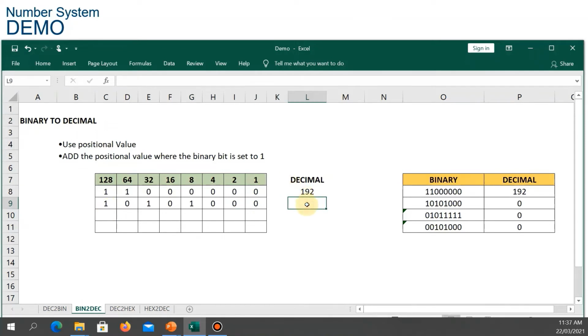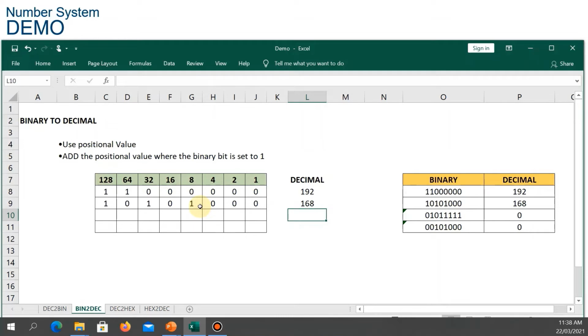Again, using our procedure, we just have to add the positional values where the binary bit is set to 1. Take note that the bits are set at 128, 32, and 8. So we add 128 plus 32 plus 8, and therefore this is equal to 168.